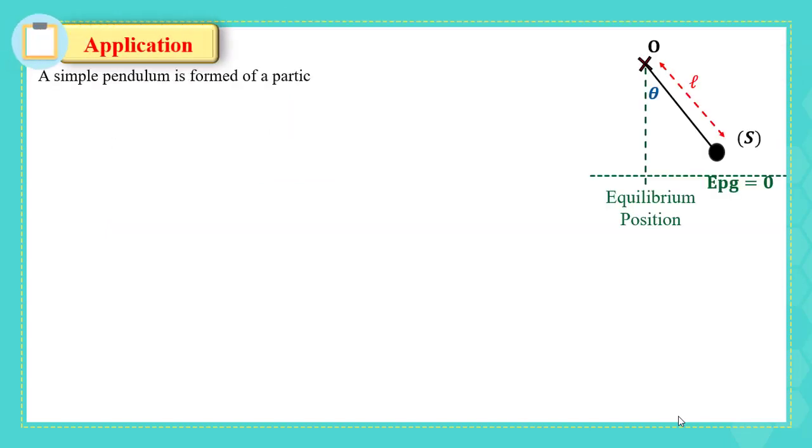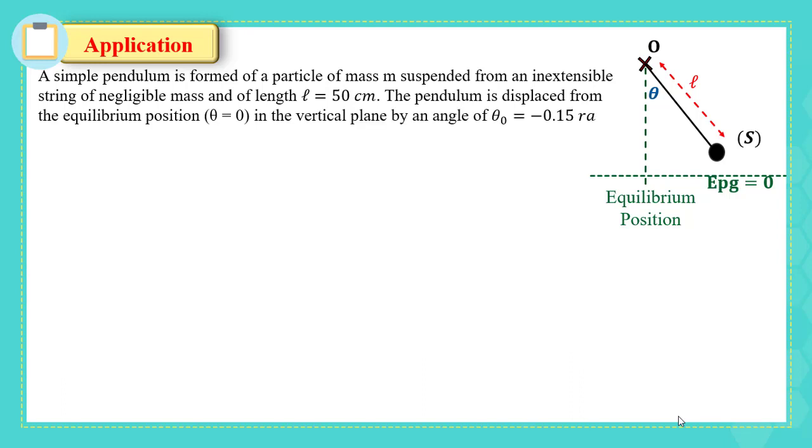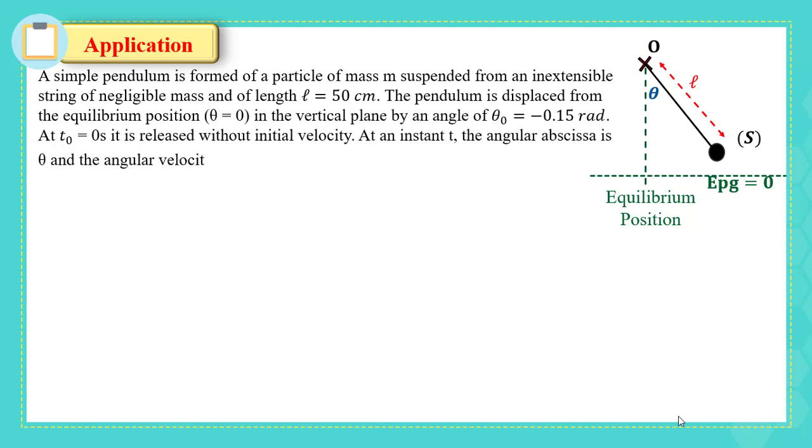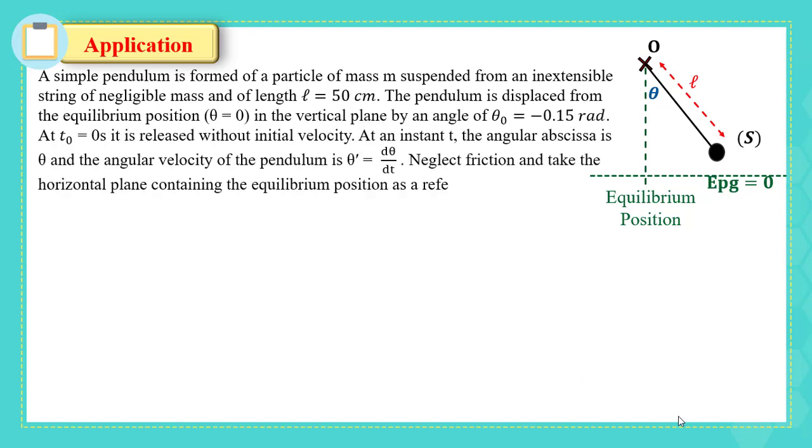Let's solve this application. A simple pendulum is formed of a particle of mass m suspended from an inextensible string of negligible mass and of length L equals 50 centimeters. The pendulum is displaced from its equilibrium position, theta equals 0, in the vertical plane by an angle of theta 0 equals minus 0.15 radians. At t0 equals 0 seconds, it is released without initial velocity.